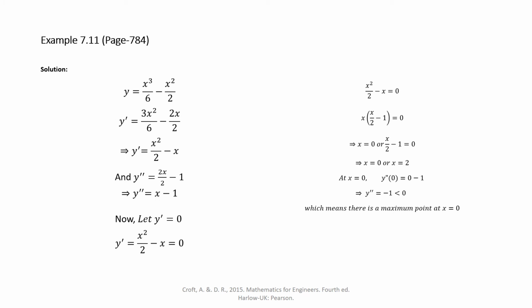Second order derivative is negative means this is concave down. So concave down refers to a maximum point. At x equals 2, the second order derivative is positive, which means it is concave up. So this is a minimum point.